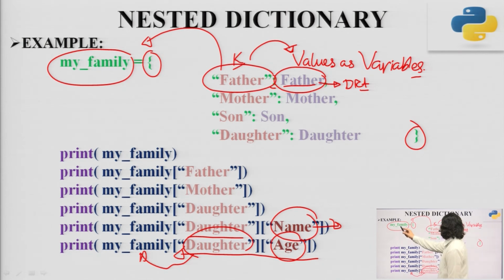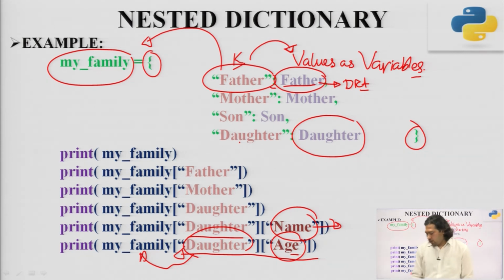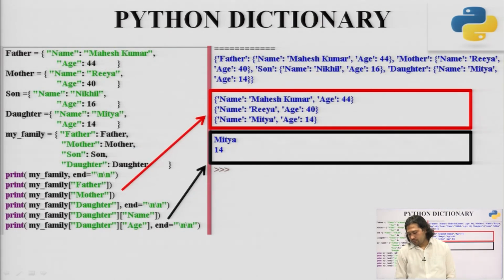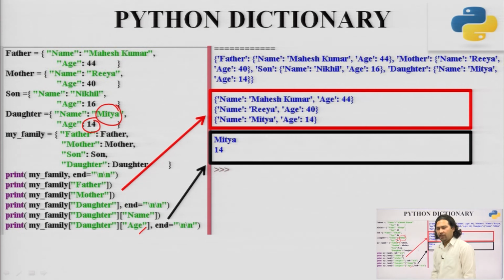So, in my family you have the daughter, in daughter we have this daughter variable, and in that this age variable will hold the information. Look at the output of this one: the age of the daughter is 14 with the name as Mithya.